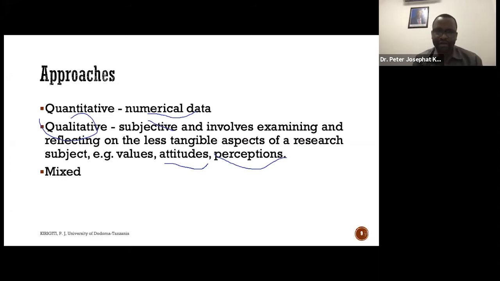So we'll know well in advance that we have a qualitative study. Or unless otherwise, we can have a mixed approach. That means this is a combination of qualitative and quantitative approaches. We have a survey which comprises these two kinds of data, numeric and non-numeric. Then we will go for the mixed.